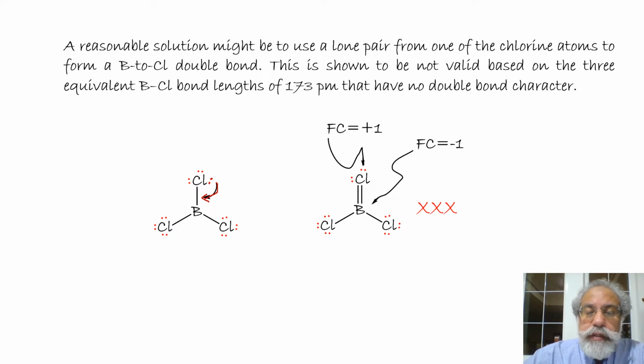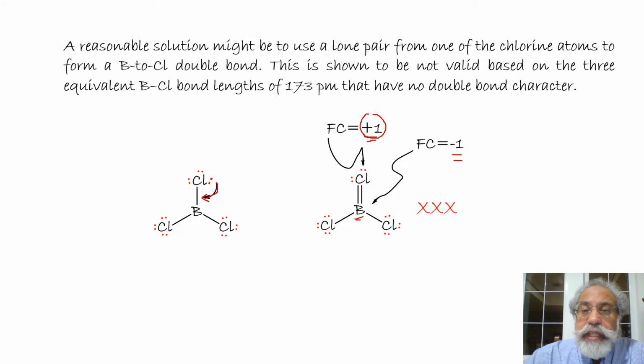If we do so, the formal charge on the most electronegative element will be +1, and the formal charge on boron will be -1.